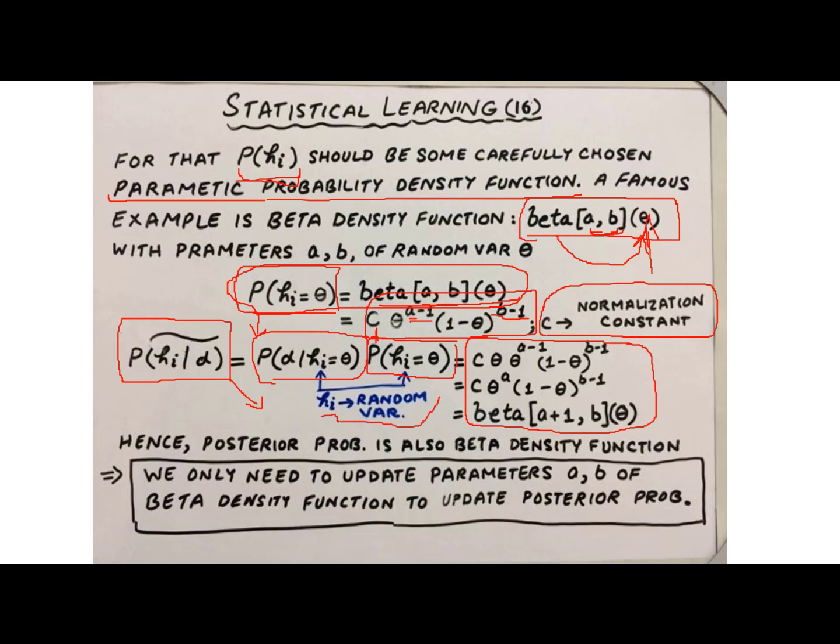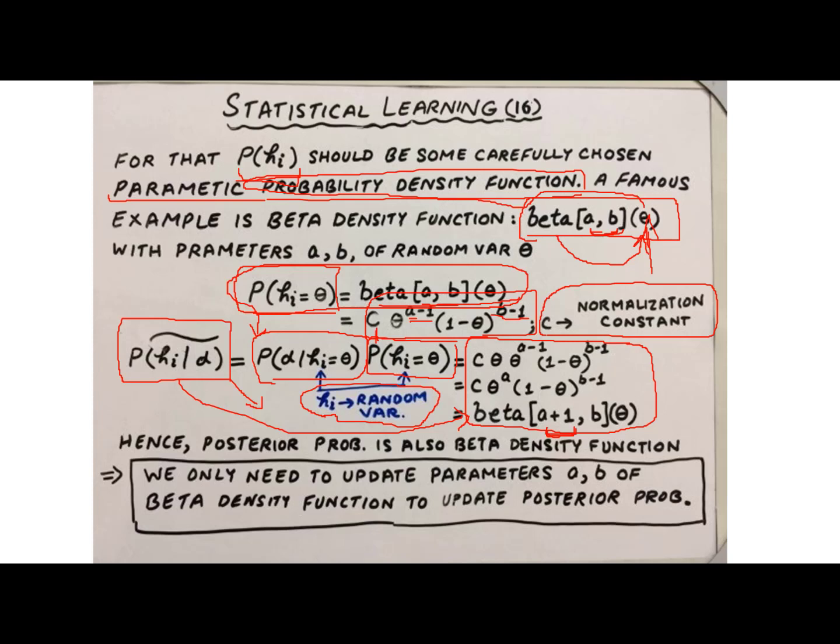So theta is the random variable, and we know that the function of the random variable is the probability density function. So the expression of the posterior is also a beta density function. However, the parameters have been updated. So right now this is a plus 1 comma b.